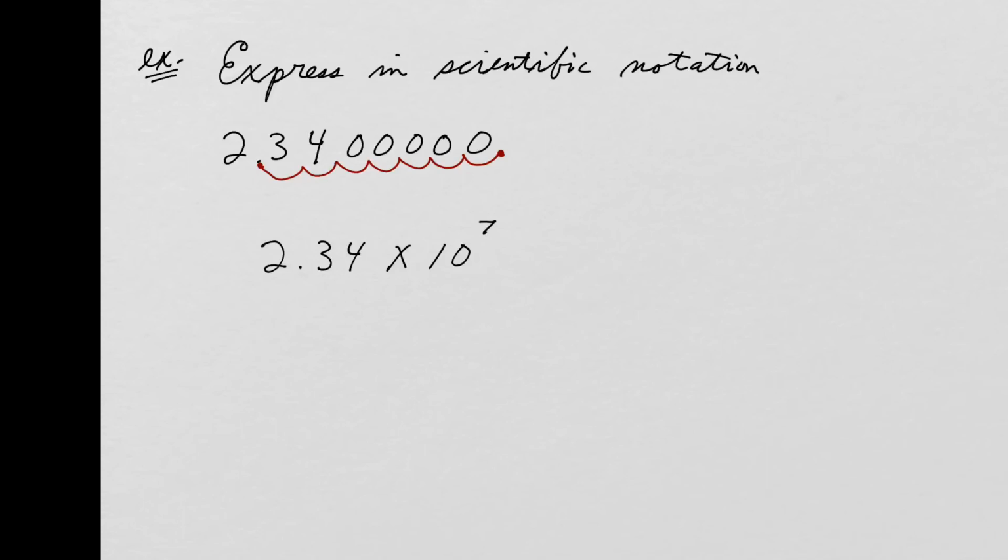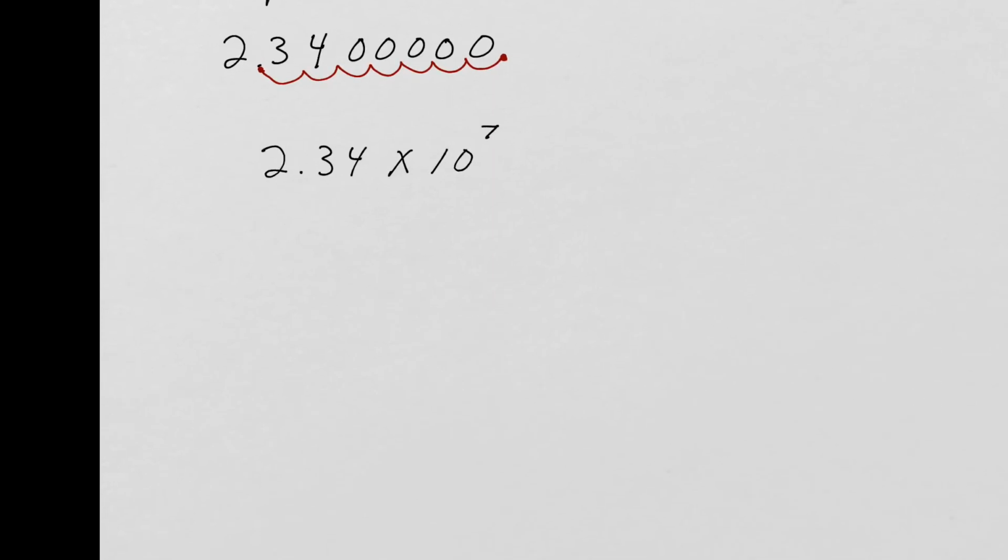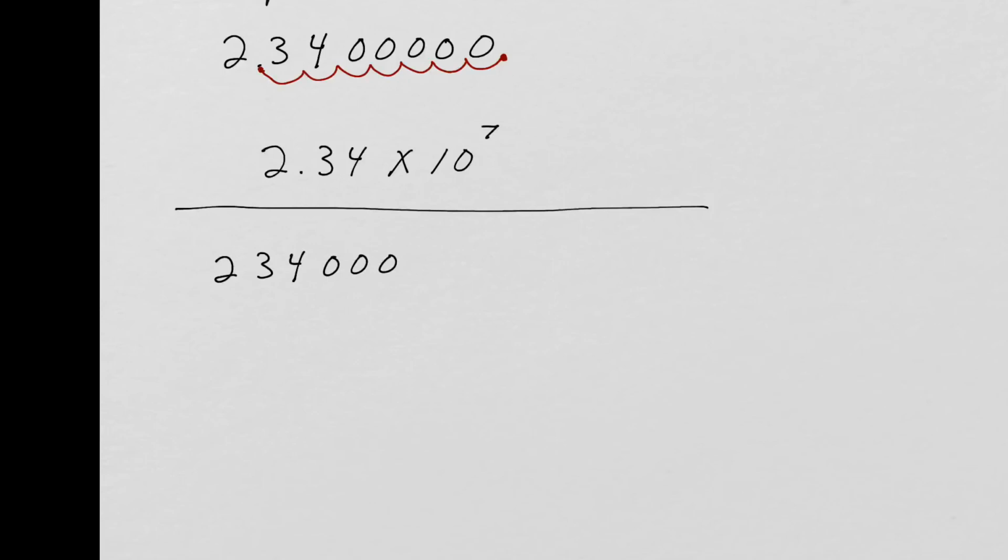Okay. Another way of thinking about this is, kind of a funny way to write the original number, but I could write it as 2, 3, 4, 0, 0, 0, 0, 0 times 10 to the 0, because remember 10 to the 0 is just 1, and if I multiply by 1 it's not going to change anything.